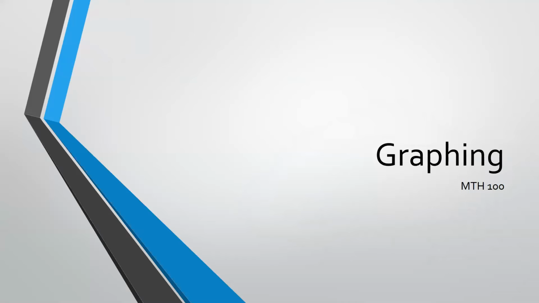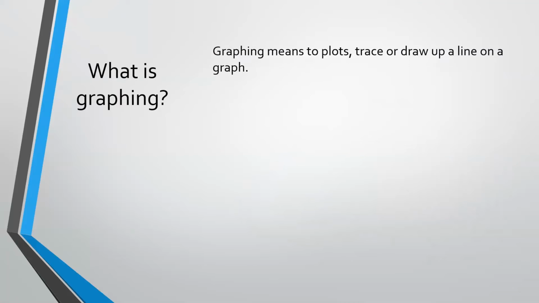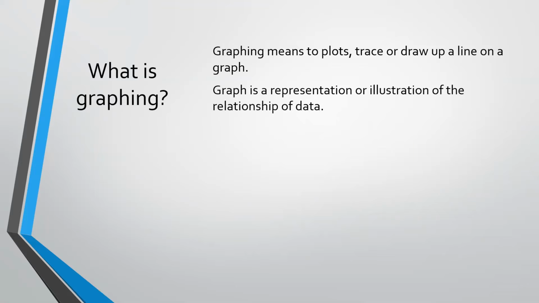So my presentation's on graphing. So what is graphing? Graphing means to plot, trace, line, or drop a line on a graph. A graph is a representation or illustration of the relationship of data.